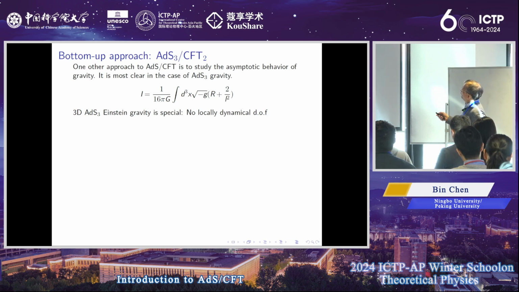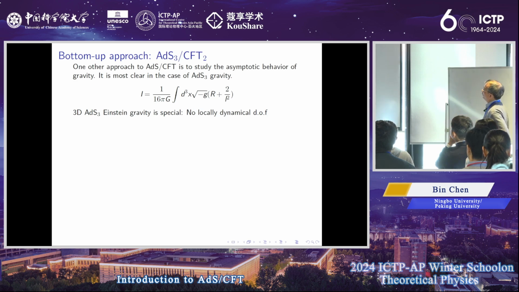I think maybe I have to be careful: this approach, studying the asymptotic behavior of gravity, is maybe only one approach to get the AdS/CFT correspondence. There may be some other approaches, like the tensor network, or using entanglement. Maybe there are other ways to set up the AdS/CFT correspondence.